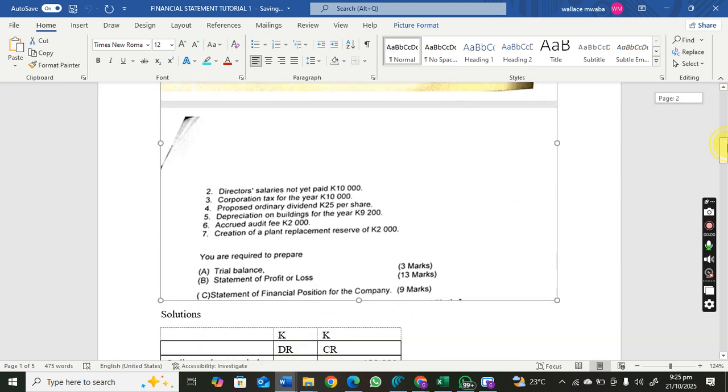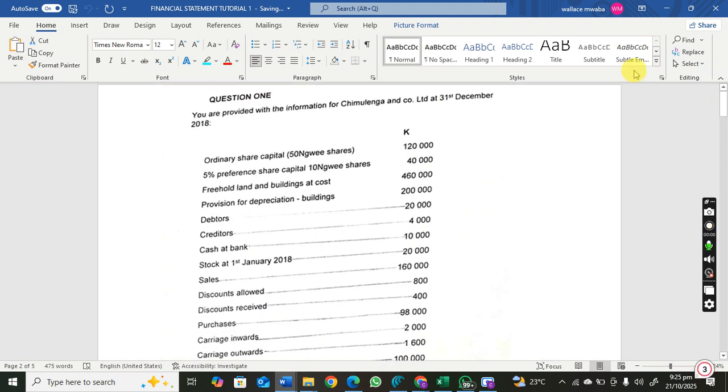All in all, they're asking us to create a trial balance, statement of profit or loss, and a statement of financial position for the company. First things first, we're going to make the trial balance.